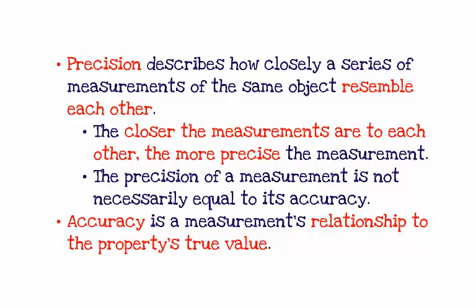What accuracy details, however, is a measurement's relationship to the property's true value. So, for example, when we were measuring the density of lead, if we were to weigh and measure that sample repeatedly and we got the same density over and over again, and say we got a density of 15 grams per cubic centimeter, and we got it three times in a row, we'd say, well, that was pretty precise.